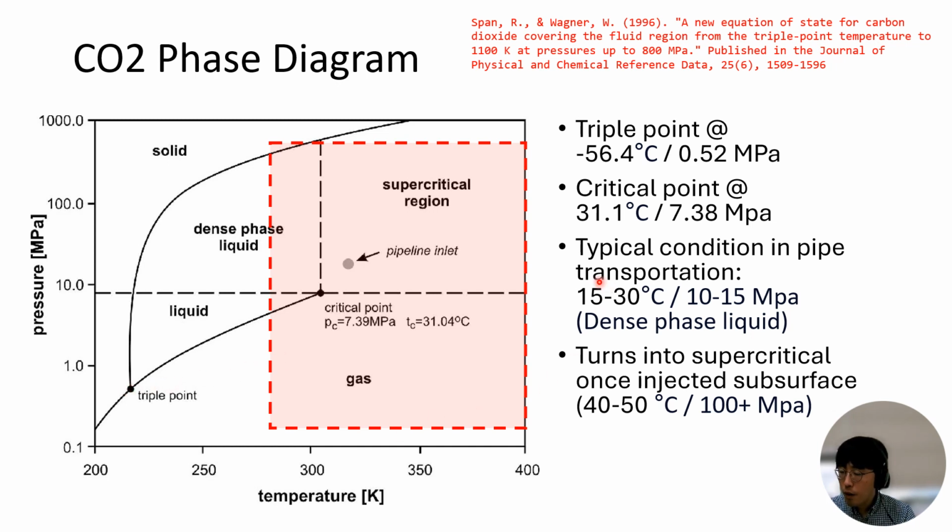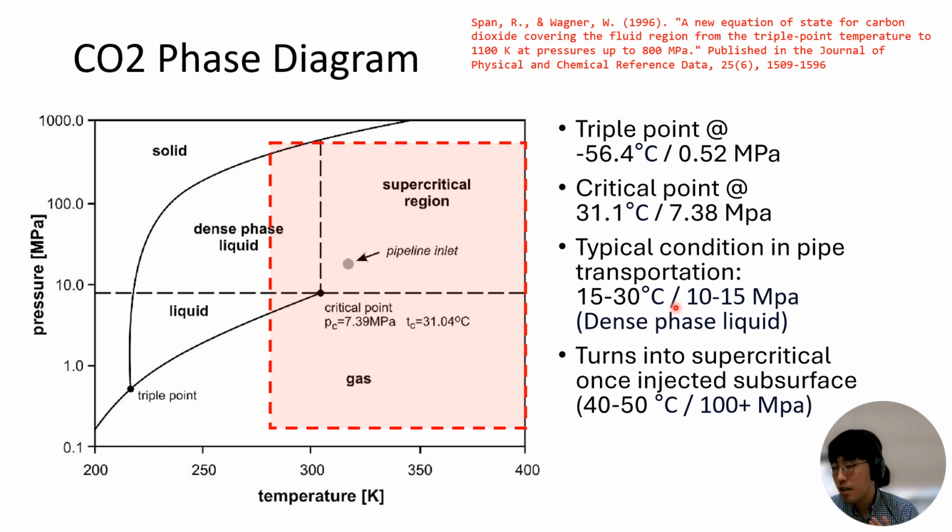Typically, when we transport CO2 in the pipeline, the pressure and temperature ranges are around: the temperature should be between 15 and 13 degrees Celsius, whereas its pressure is about 10 to 15 megapascal, and in this state, the CO2 will remain as a dense phase liquid.